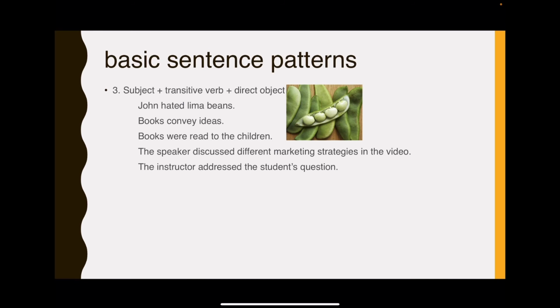So it depends on the meaning of the transitive verb, right? Whether they really need the direct object in that case or not. And also in number 3, "books were read to the children" is even like the passive voice. This is the form that is called the passive voice. This is also one of the basic sentence patterns, that is to use the transitive verb.